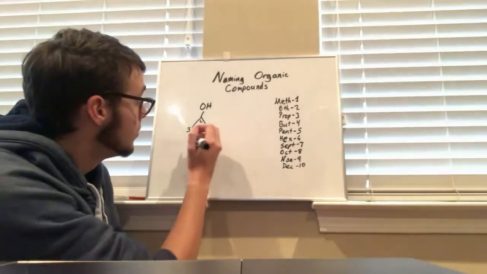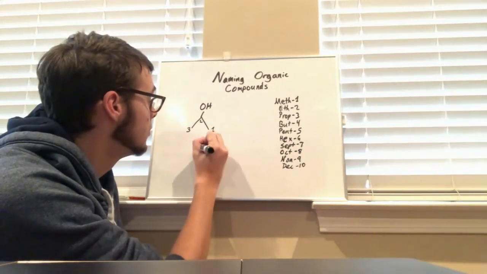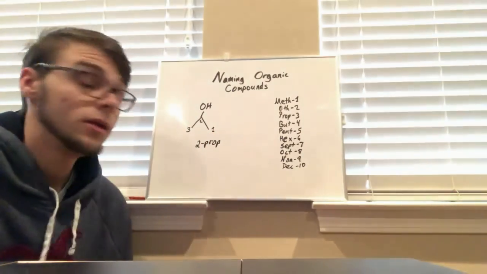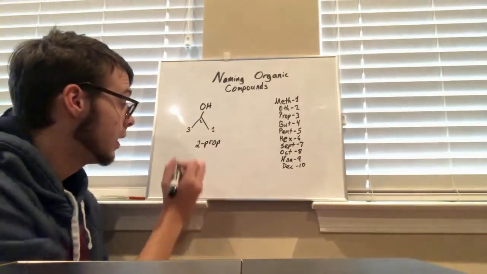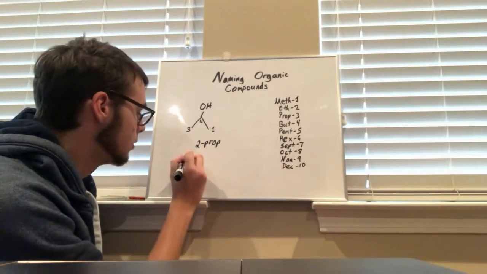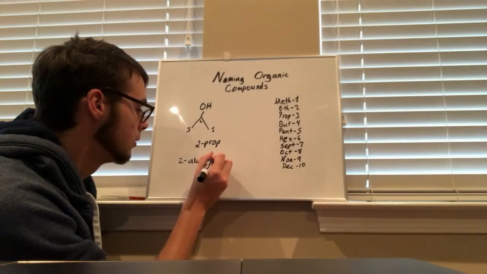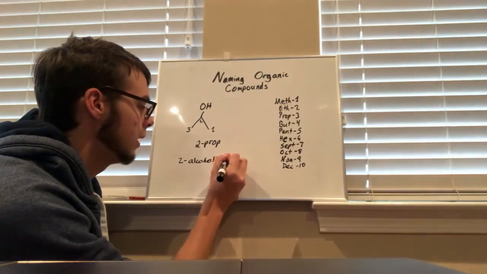So then we write out 2-pro. Now you might think you would actually write something like 2-alcohol propane.